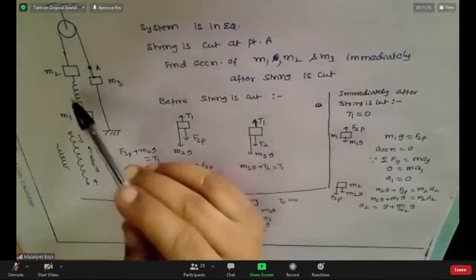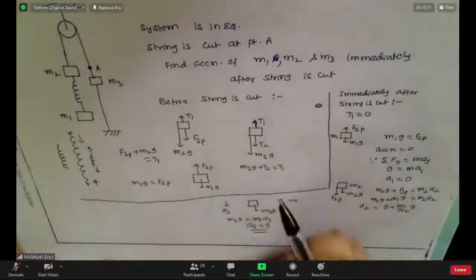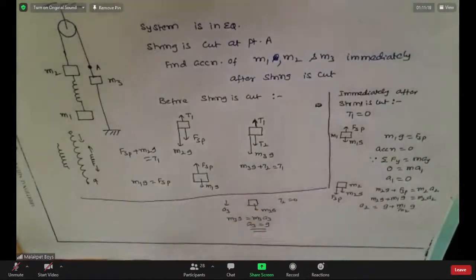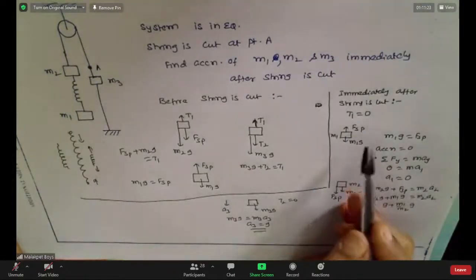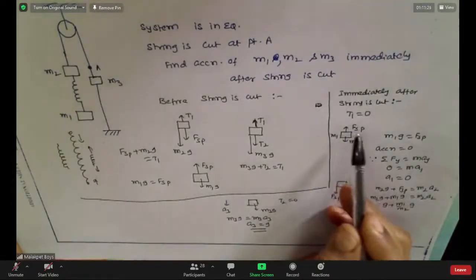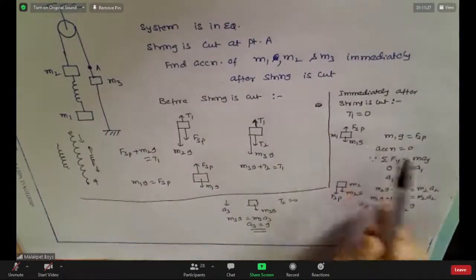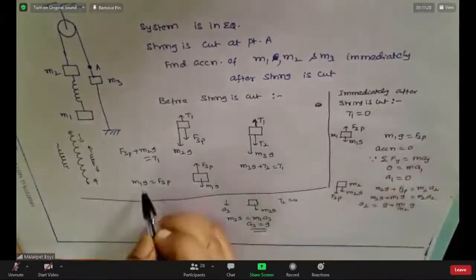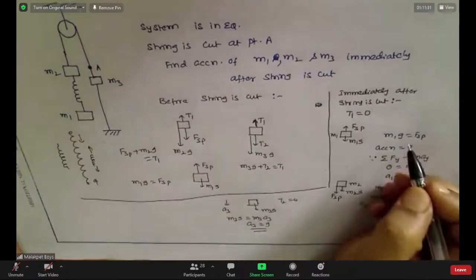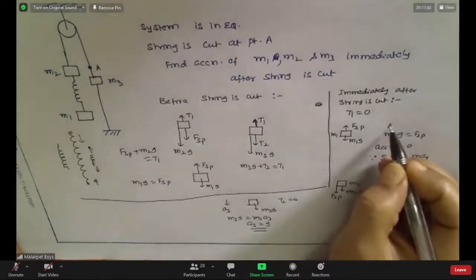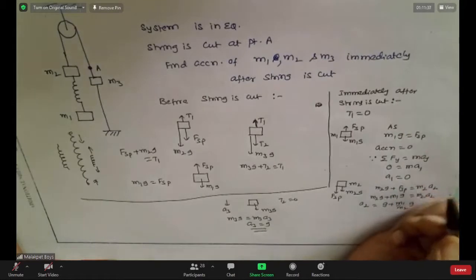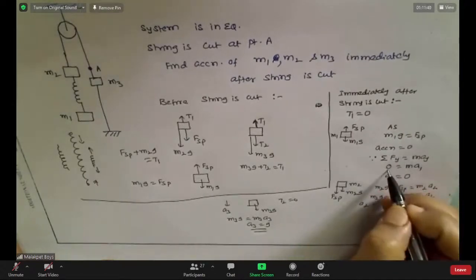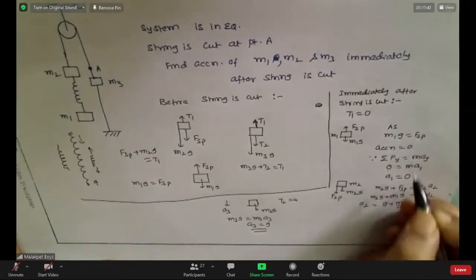You take M1, this one. Before cutting, both are the same, no? That means upward force equals downward force. What is the net force? 0. So even you got 0.